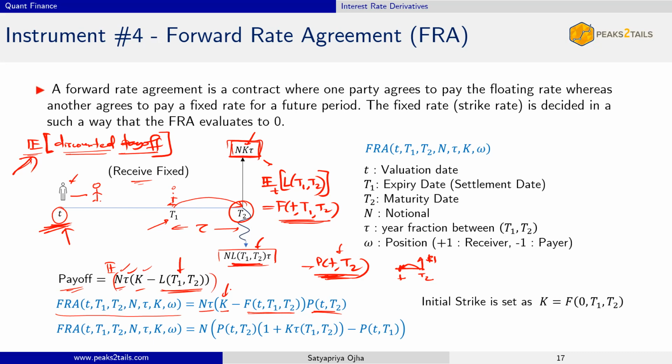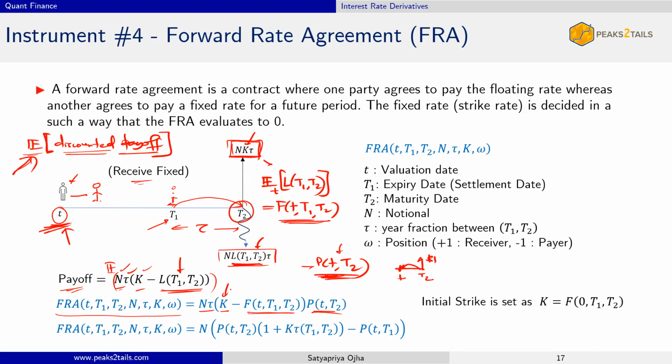How do you arrive at K? Well, the idea is you fix a K such that the value of FRA at inception is 0. In the beginning, why do you want to have a value of FRA? Somebody will have to pay that value. Why not fix K such that initially it costs nothing to enter into an FRA?